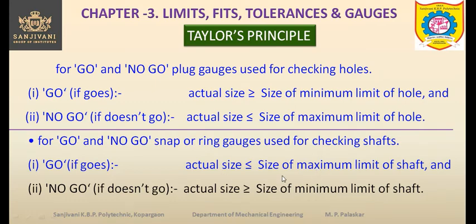The actual size is less or equal to the maximum limit, which is clear from the fact that go is able to enter, and the actual size is greater than the minimum limit of the shaft, which is ensured by the fact that no go is unable to enter. So this was about the shaft, and previously we have studied about the hole.